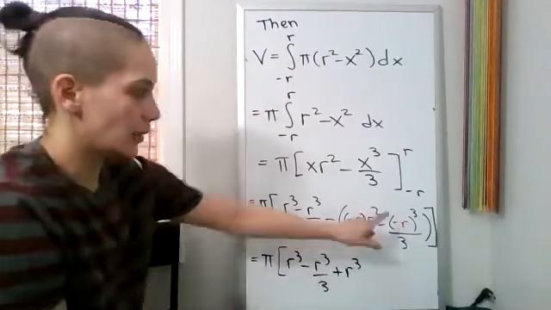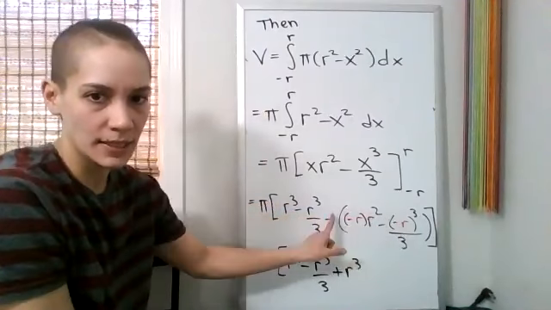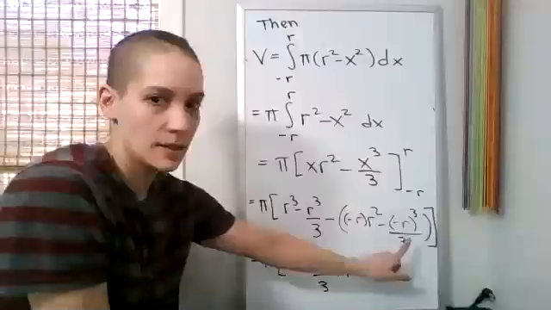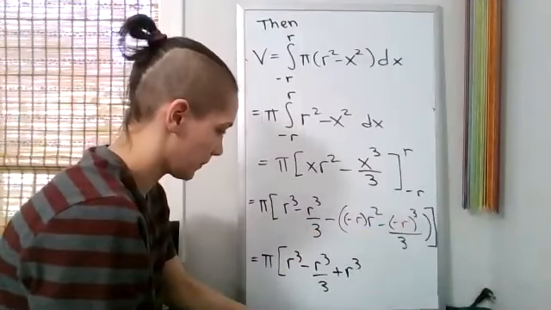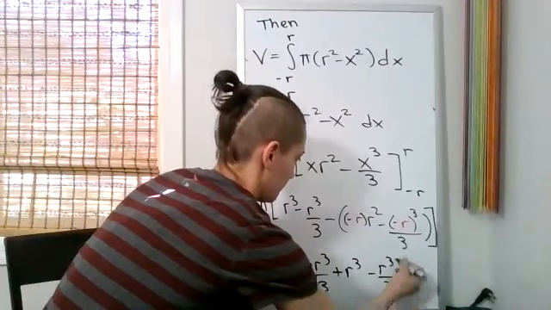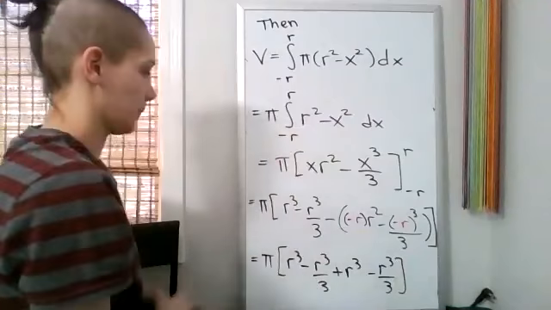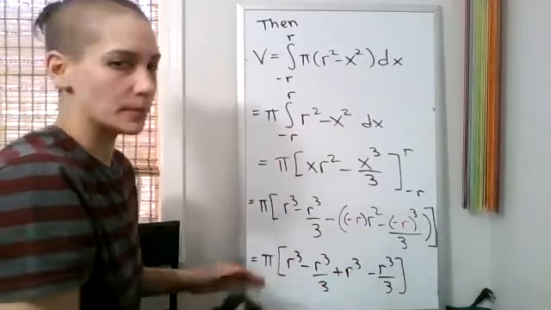Okay. That would be negative r, and then this makes it positive, and then this makes it negative r to the third over 3. Make sure I have that right. Okay, those go together. And let's see, that one too.